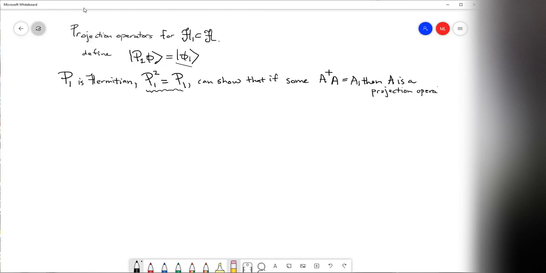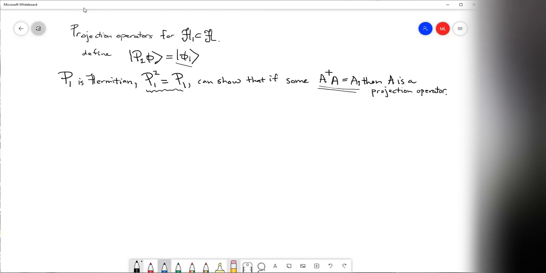That's another thing that's sometimes useful. Sometimes you want to prove that an operator is a projection operator, and if you're able to show this, then you know it's a projection operator. Conversely, if A is a projection operator, then it'll satisfy this identity.